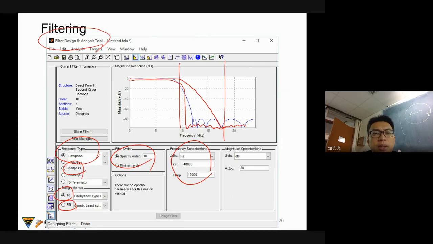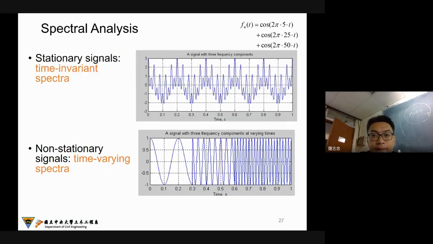But I think maybe you need to install the filter design module first in the MATLAB. Okay. For the filter, are there any questions or problems? I think there's. I'm just showing you the simple idea.